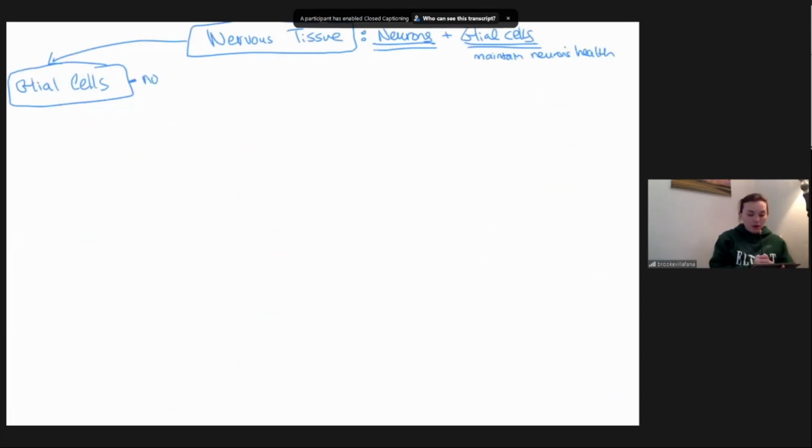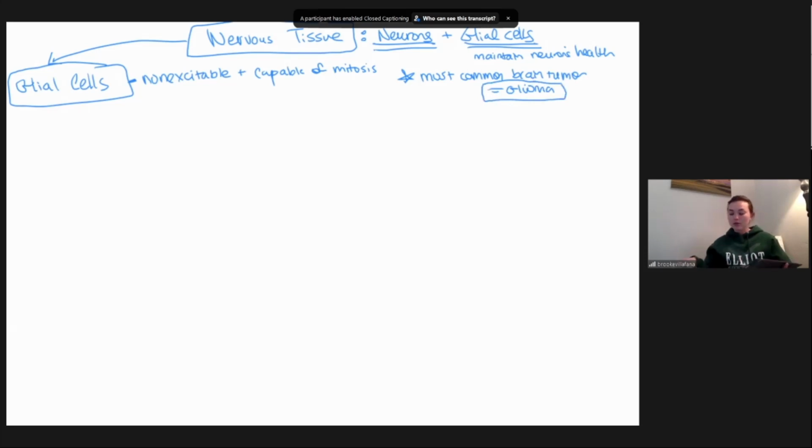Glial cells are non-excitable. This means they don't respond to those electrical signals, and they are capable of mitosis. The most common type of brain cancer is called a glioma. And the reason for that is they are actually capable of undergoing mitosis, so they're more likely to have cancer development, right? So for the glial cells, you guys need to know 6 types of glial cells.